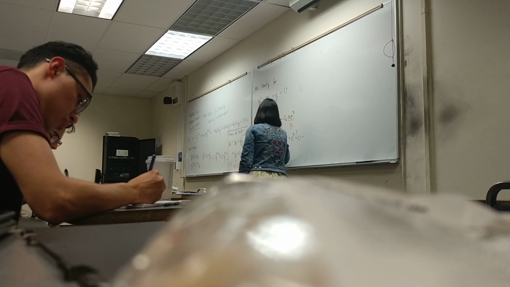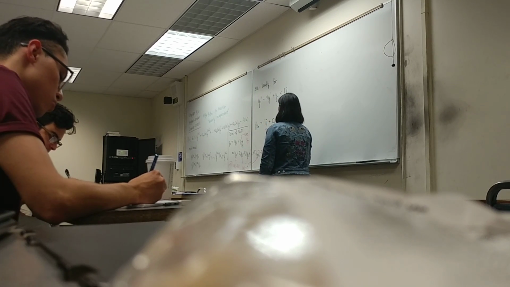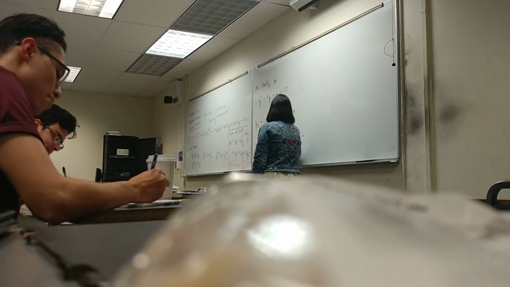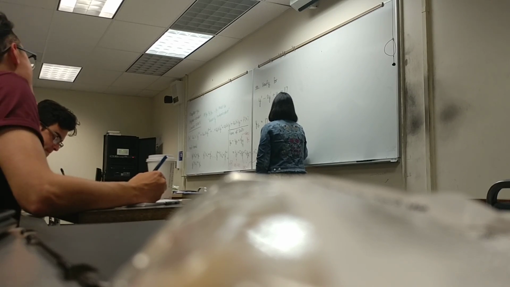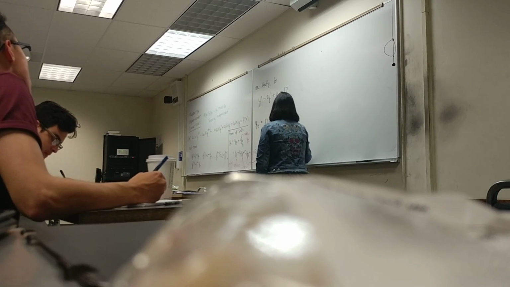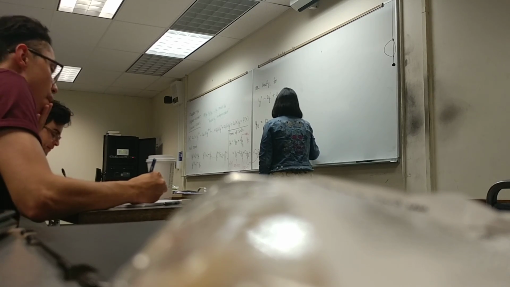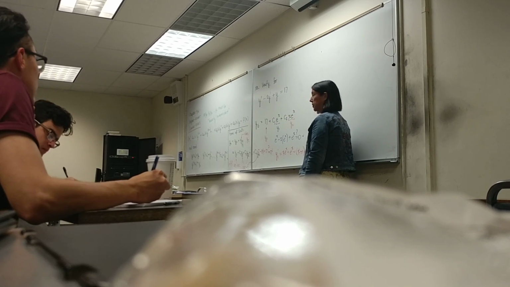What is y2 prime? x e to the x plus e to the x, which, not that this is going to help anything, but that's x plus 1 e to the x. And now let's do its second derivative, and then we'll sub the whole thing in.